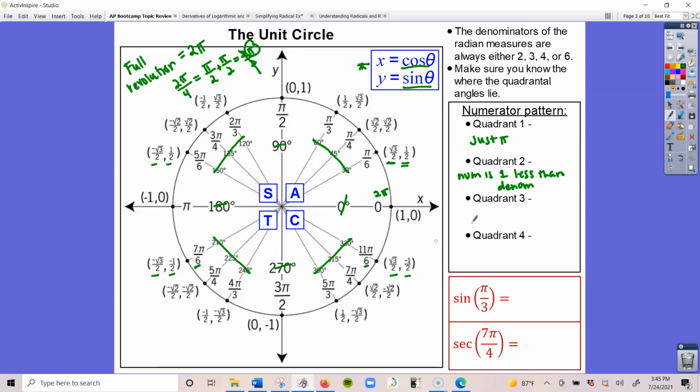By contrast, in quadrant 3, the numerator, you'll notice, is 1 more than the denominator. See, 7 is 1 more than 6, 5 is 1 more than 4, and 4 is 1 more than 3. So the numerator is 1 more than the denominator.